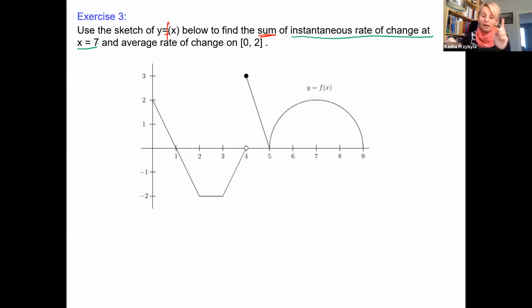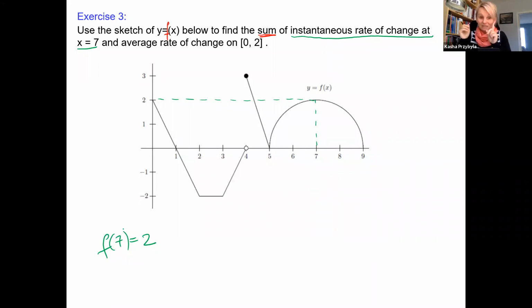No, I'm not asking for the value. Yes, f of 7 is 2, but I am asking what is happening. I'm asking for the instantaneous rate of change. Okay, and I see the answer is 0.